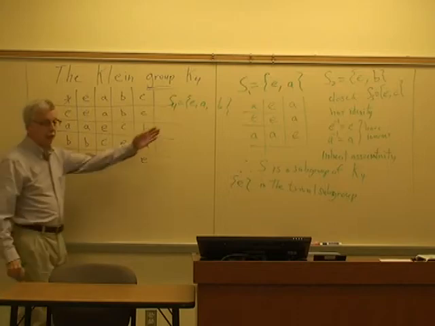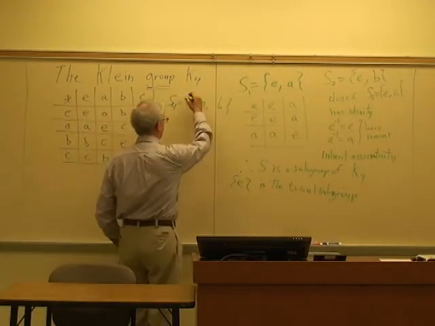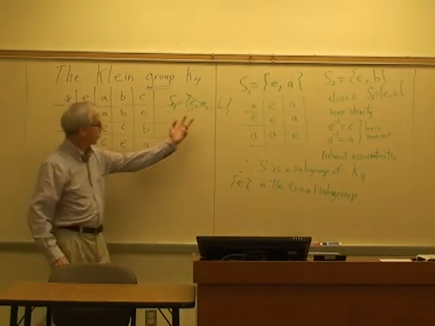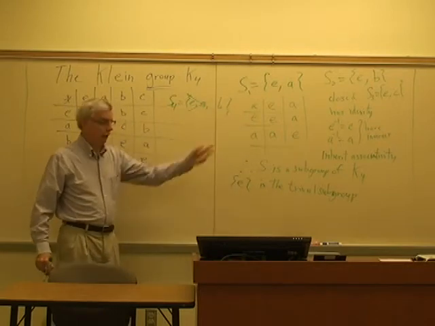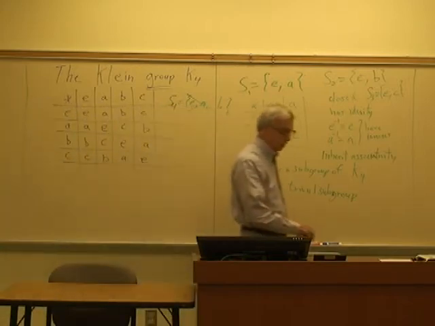C. I guess the whole thing, right? As soon as I add those to get closure, I'm back where I started. So that's not a subgroup, it's not closed. Because as soon as I operate A and B, I get C, which means I have the whole thing. So we've identified all the subgroups this way. These are all the subgroups of the Klein group.